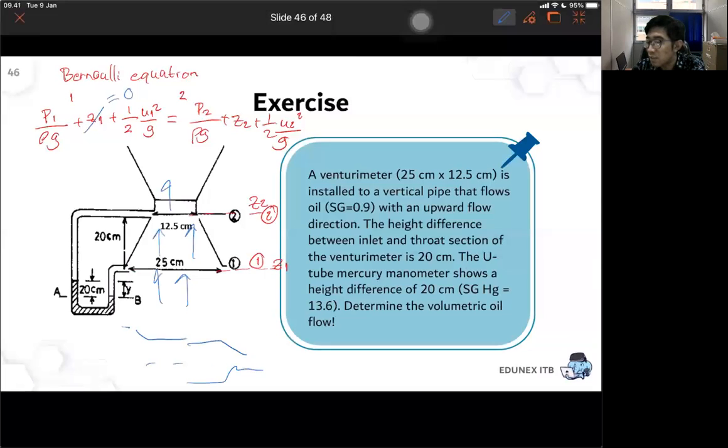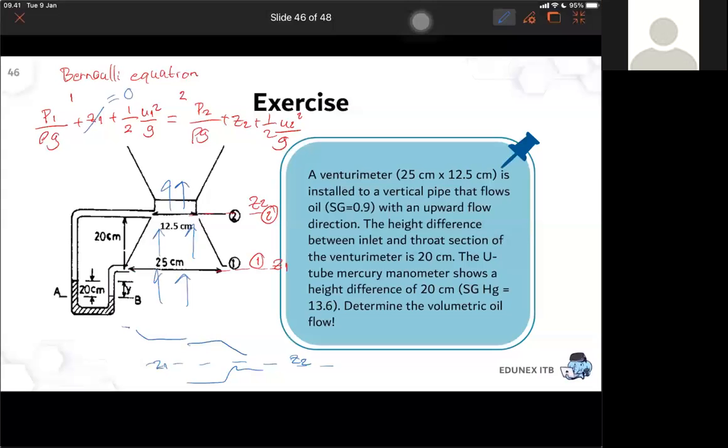In that Venturi, the position is horizontal, right? So there will be no difference between Z1 and Z2. But in this case, the flow is vertically upwards, so there will be a difference in potential energy between point 1 and point 2. Okay, get it, sir. So just take point 1 as the baseline for the position, so it will be equal to 0.